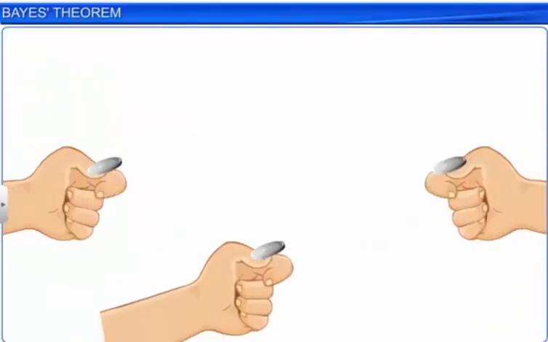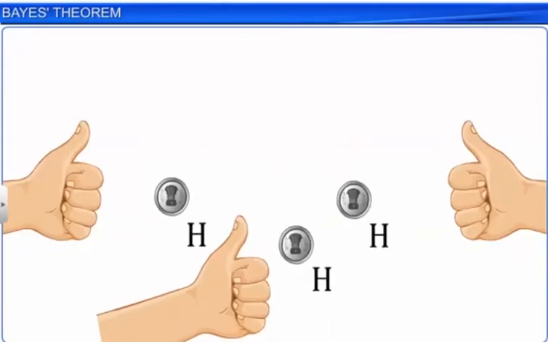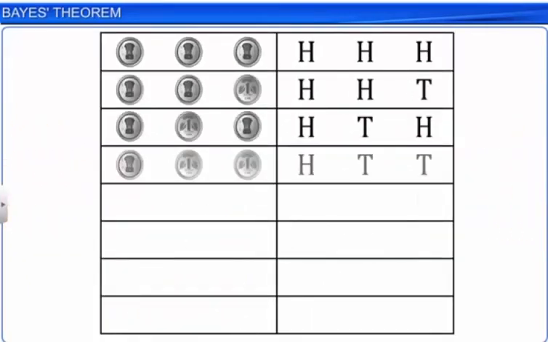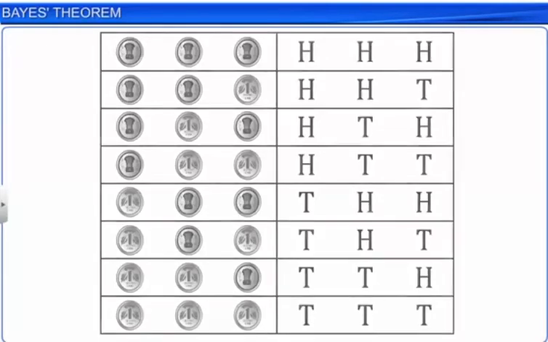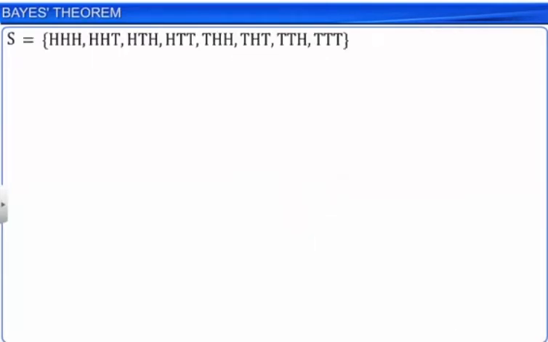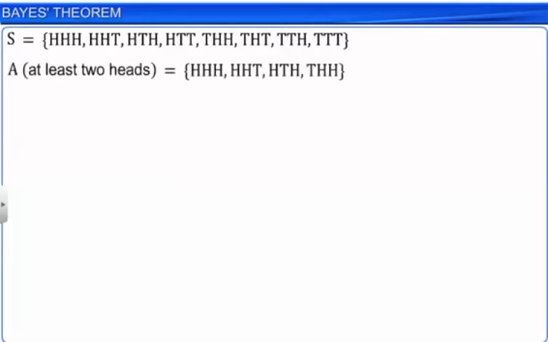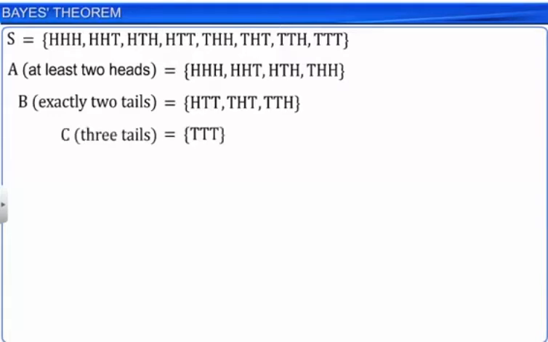Consider an experiment of tossing 3 coins simultaneously. The sample space of the experiment has 8 outcomes, which are as shown here. Consider 3 events A, B and C, where event A is defined as getting at least 2 heads. Event B is defined as getting exactly 2 tails. And event C is defined as getting 3 tails.